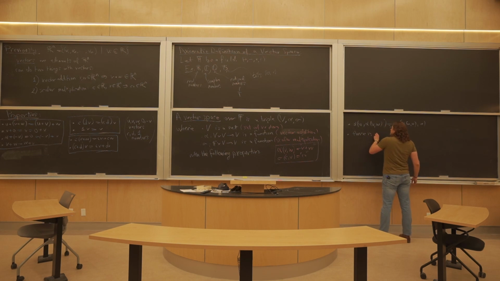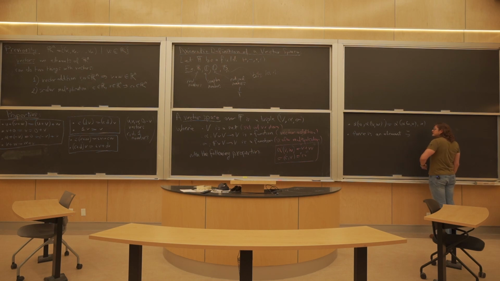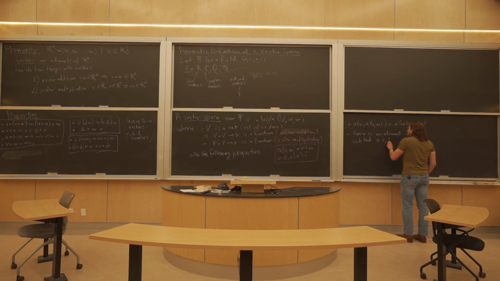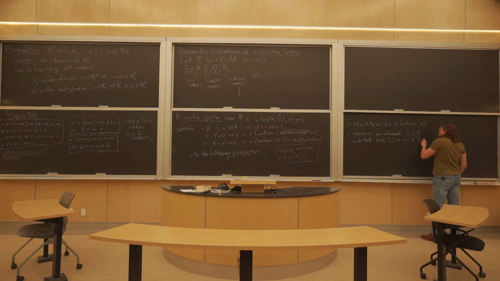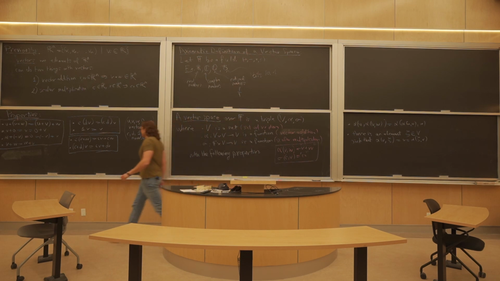There is a vector, let me say an element, zeta, for 0, in V, such that alpha of V, zeta equals V equals alpha of zeta, V. Now again, we need to abstract this out.